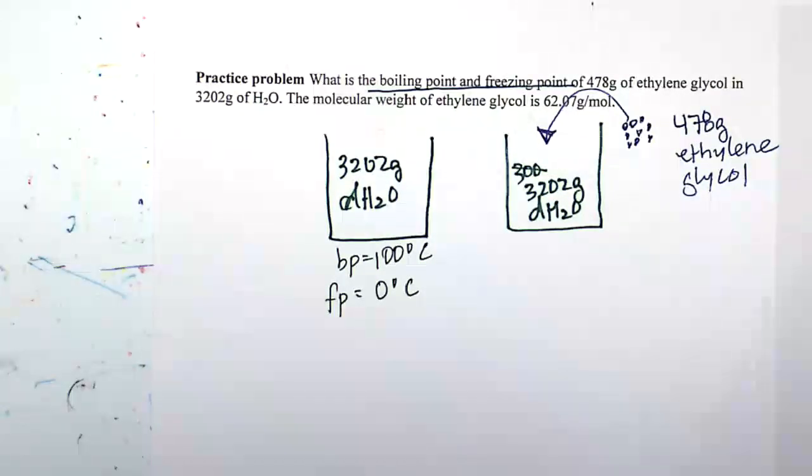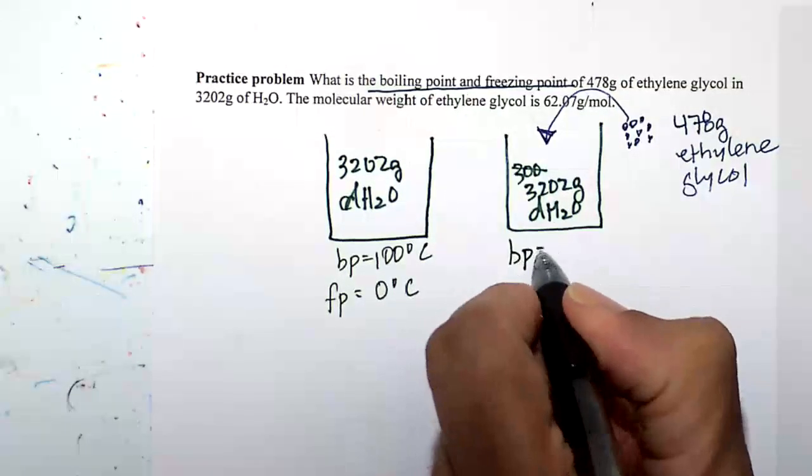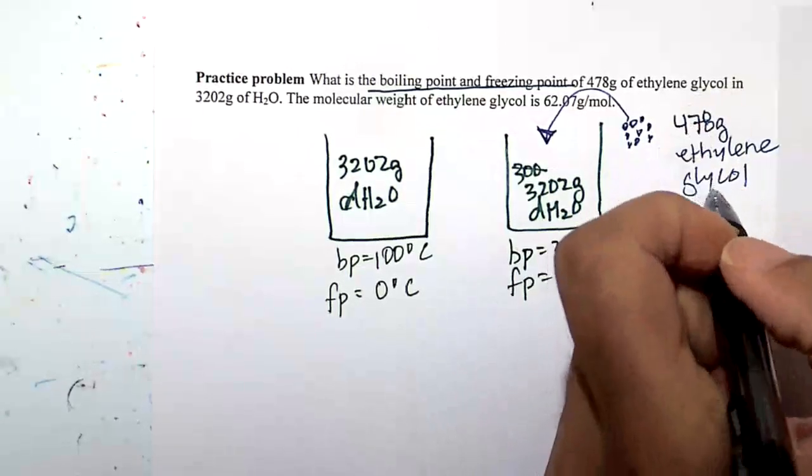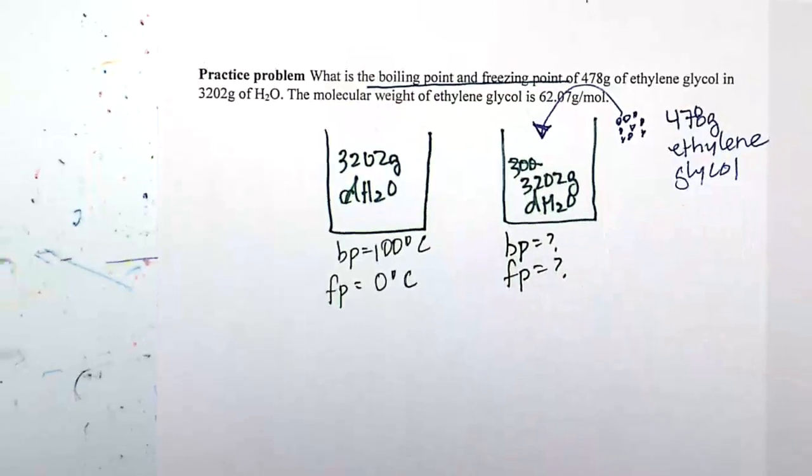So the question here is, what is our new boiling point? And what is our new freezing point as a result of adding 478 grams of ethylene glycol?